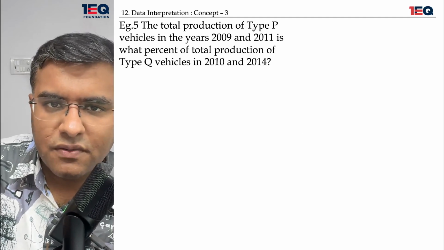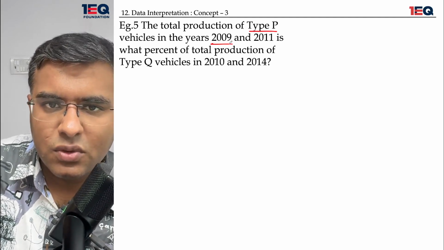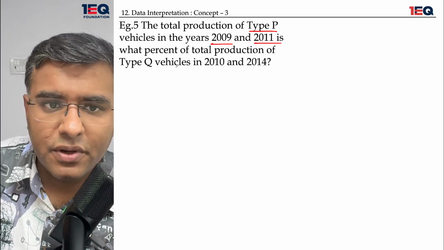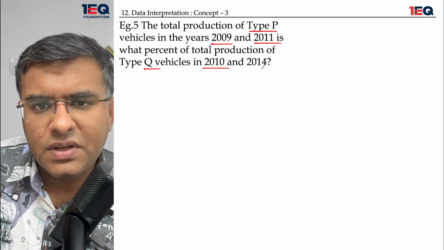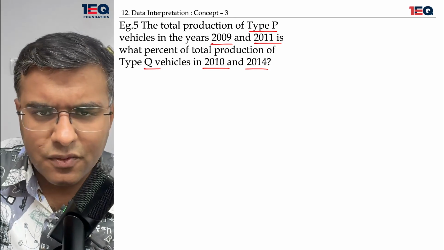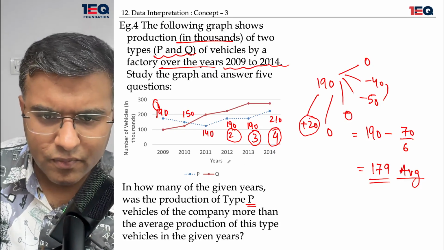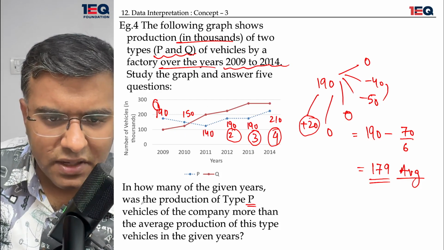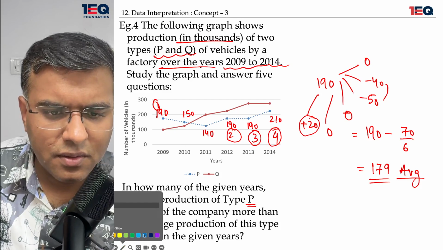The total production of type P vehicles in the years 2009 and 2011 is what percentage of the total production of type Q vehicles in 2010 and 2014? I'll first move to Q, 2010 and 2014. I'll change the color of the pen.